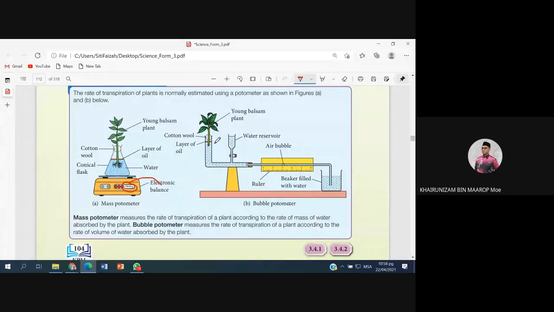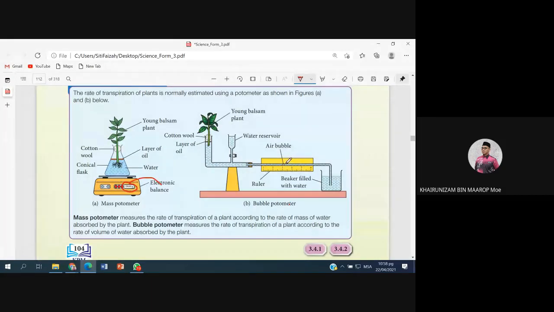Okay, because this one, this is a water reservoir. Kita letakkan air di sini, dan di sini juga diletakkan layer of oil, and then inside this tube got water vapor. Got air bubble.